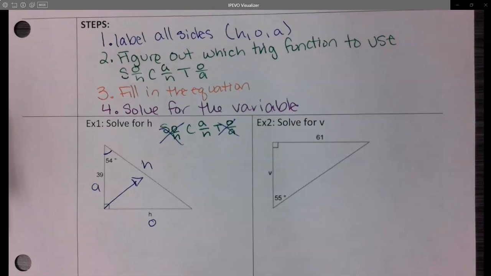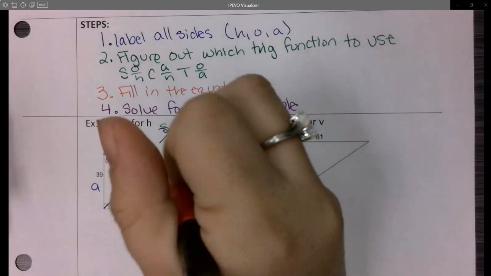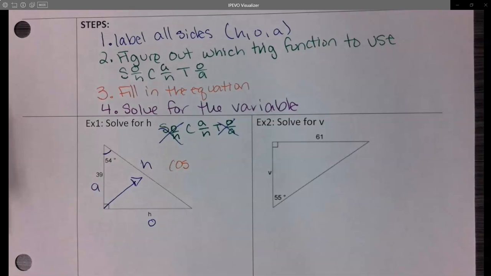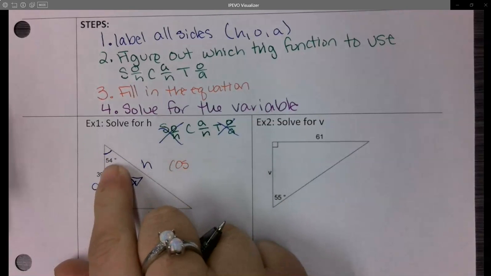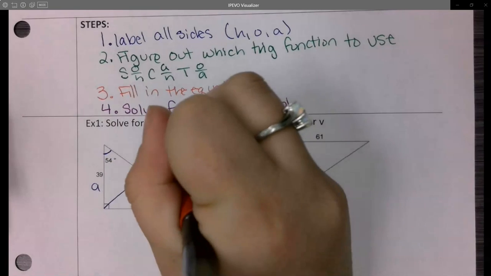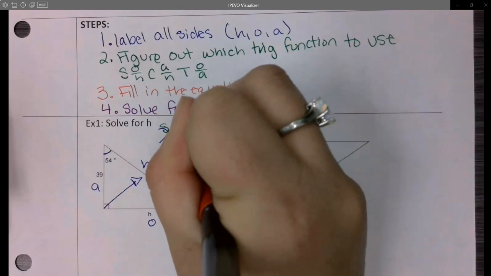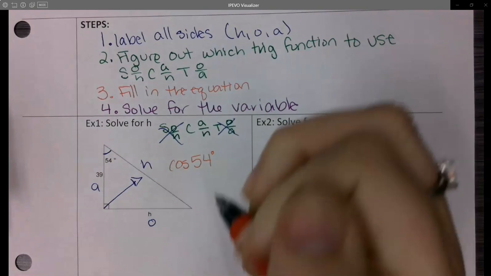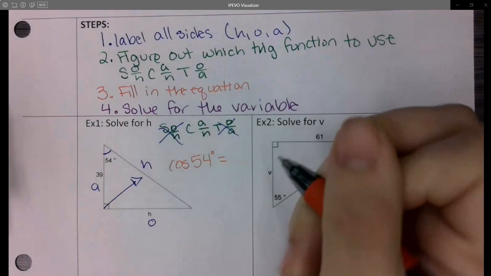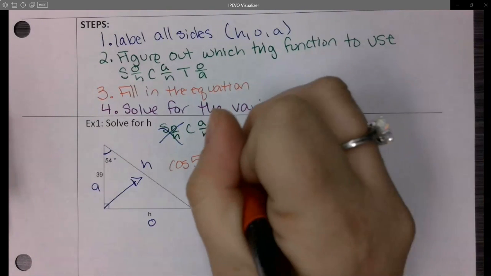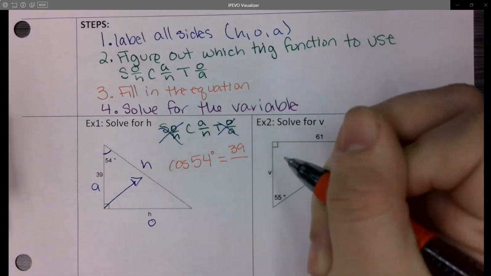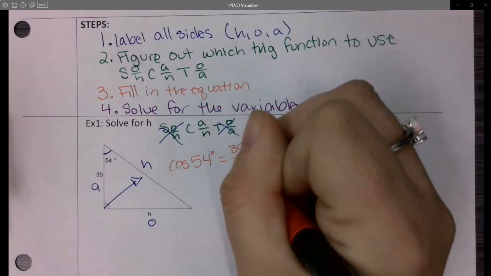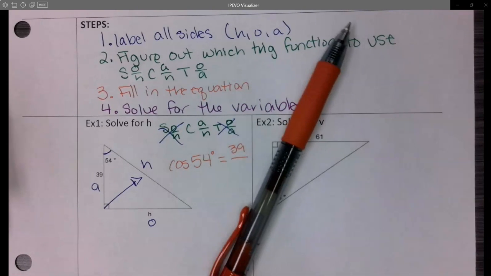So then my next step is to go ahead and fill in. I'm going to have cosine, and then instead of having theta in the corner, I have an actual angle measure, 54 degrees. And then I want my adjacent side on top, which is 39. Nope. Why did I pick cosine?